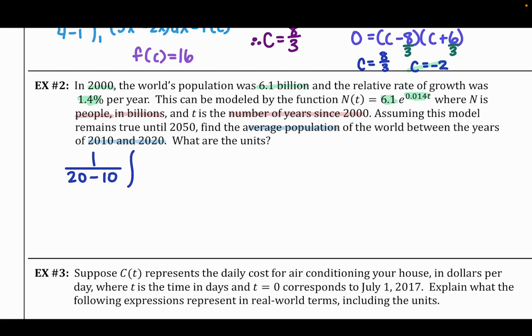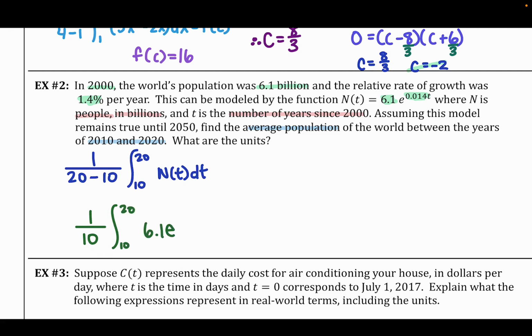And then it's going to be the integral from 10 to 20 of my function n of t dt. In my calculator, of course, I can't just write n of t dt.